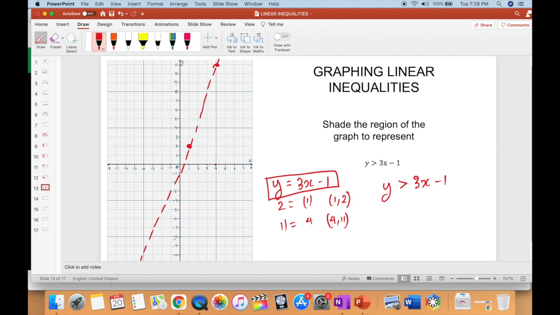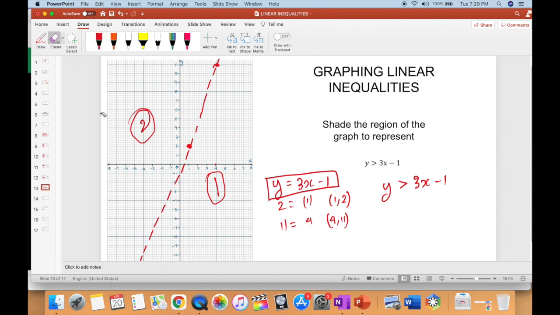So do we shade this region? Let's call this side of the line region 1. Or do we shade region 2 on this side of the line here? Which side do you think we need to shade in order to satisfy y is greater than 3x minus 1? Which side do you think it would be true?